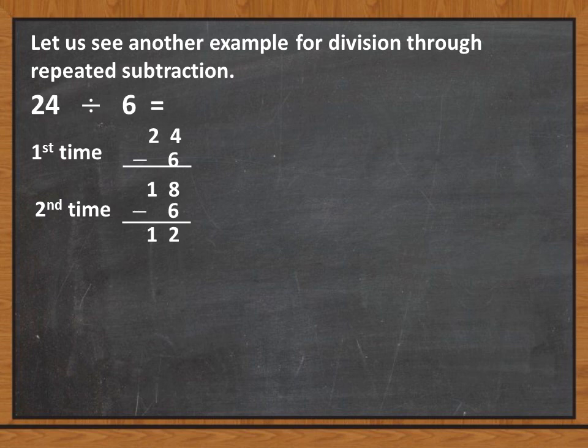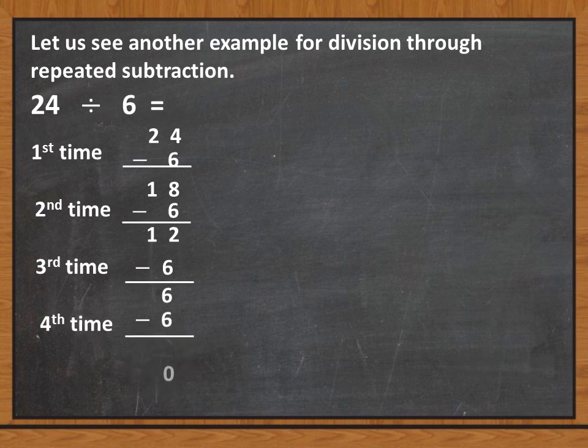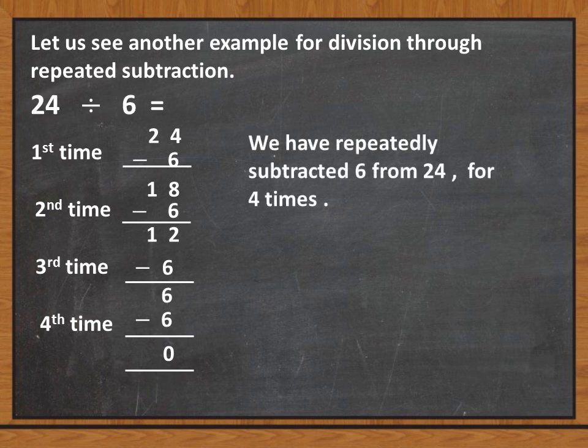Third time, 12 minus 6 equals to 6. Fourth time, 6 minus 6 equals to 0. Thus, 6 is subtracted from 24 4 times. Therefore, 24 divided by 6 equals to 4.